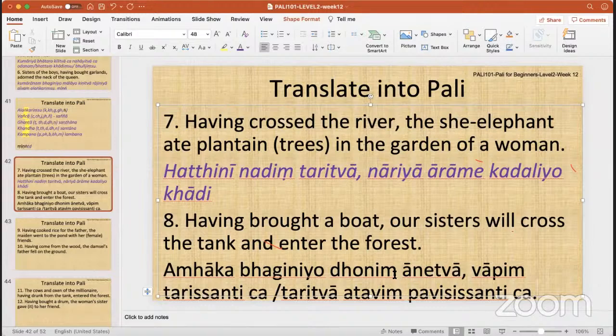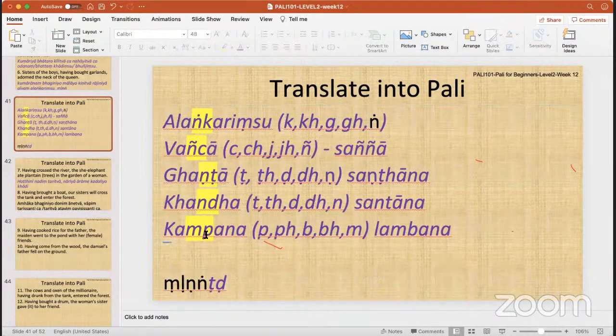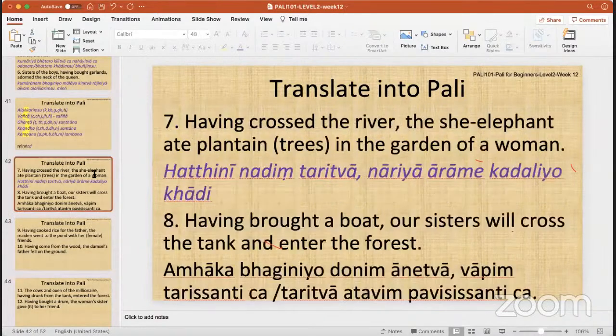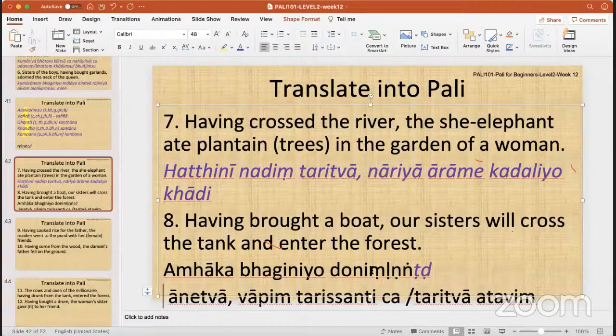Yes, it's D-O-N-I, no H. And doning, does the N have the dot at the bottom? You see what happens here, it is the end of the word. We don't apply that one.